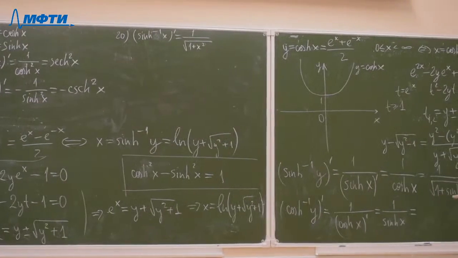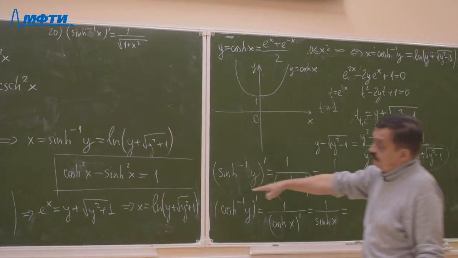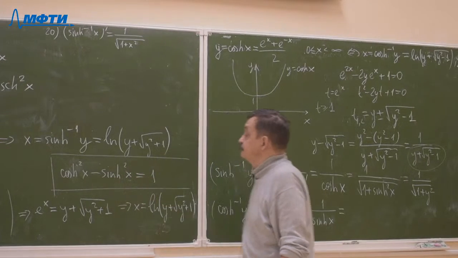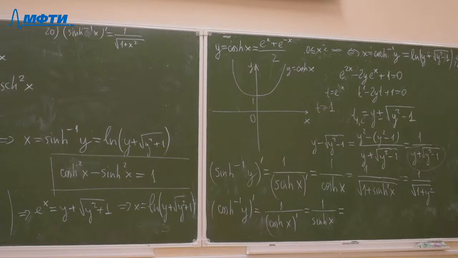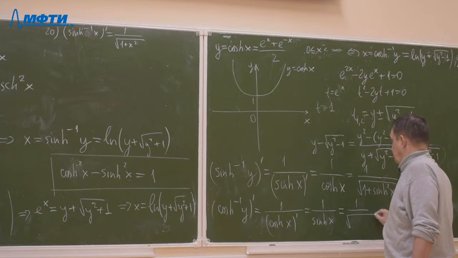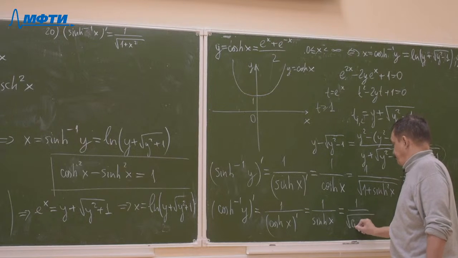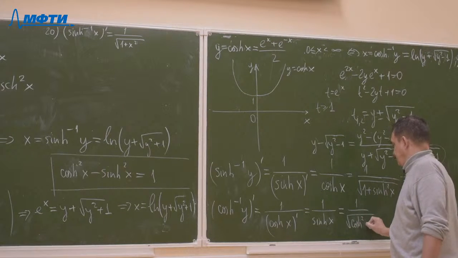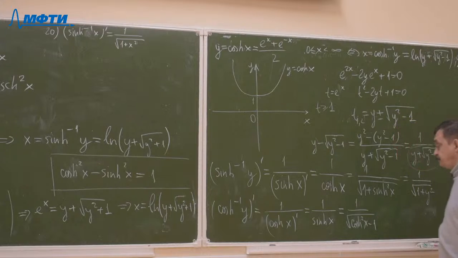Once again, we may compute using the general hyperbolic identity, that is square root of cosine hyperbolic squared x minus 1. And why do we choose plus here?